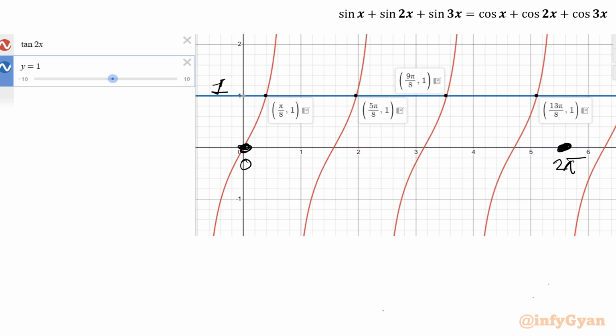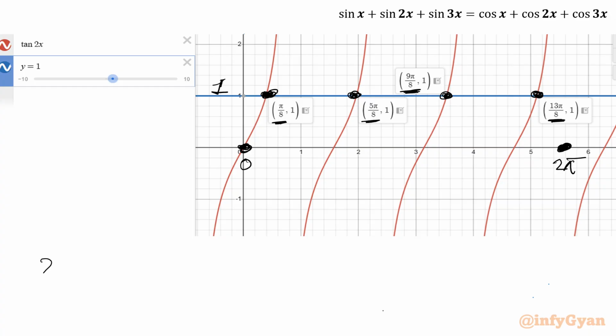Once I draw the line, it will intersect the tan 2x graph at 4 points. See the values: pi over 8, 5 pi over 8, 9 pi over 8 and 13 pi over 8. So this is how we can cross-check using Desmos, using technology.